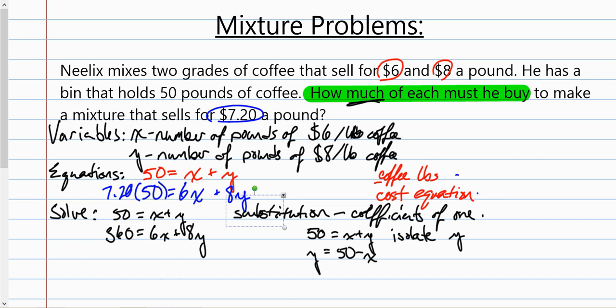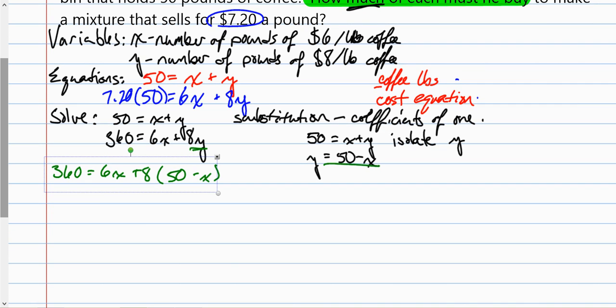And I'm going to plug that piece into the y place in my other equation. So I get 360 equals 6x plus 8 times 50 minus x. Now I'm ready to solve this equation for x.